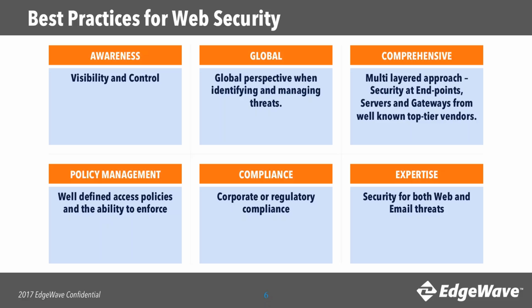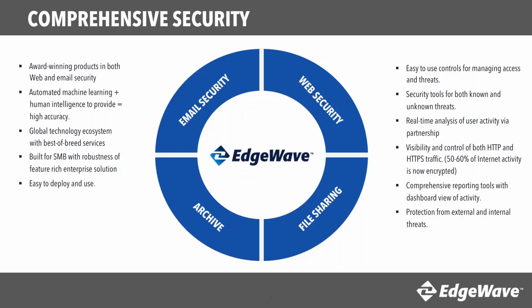And then with EdgeWave, what it comes into is being able to provide security for you for both your web and your email borne threats with our products, ePrism and iPrism. And when it comes to the web side of the house with iPrism, we want to go in and take a comprehensive approach to this. So we've got products in both categories there, and they're combining several different things.